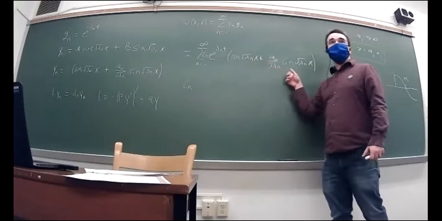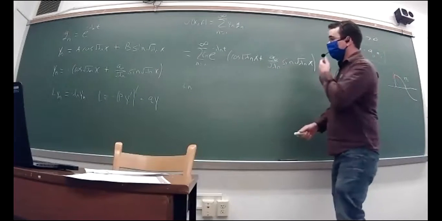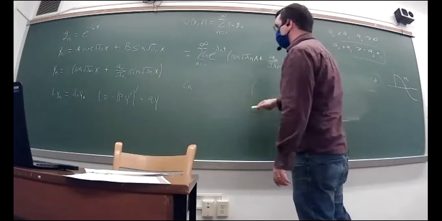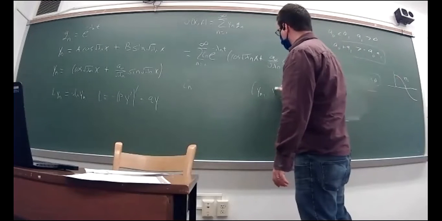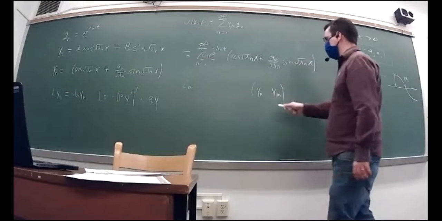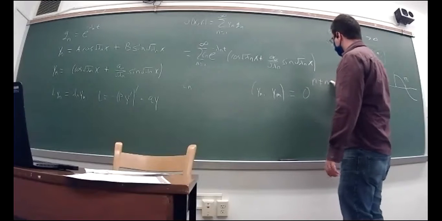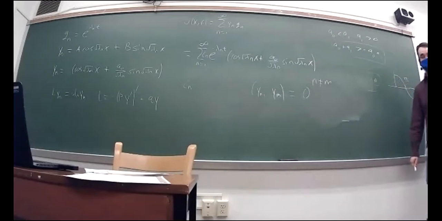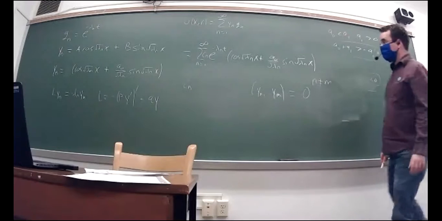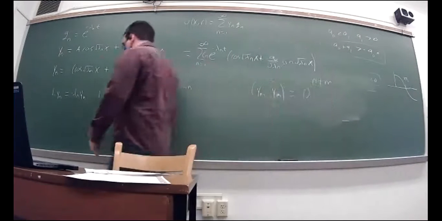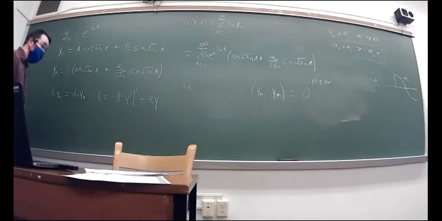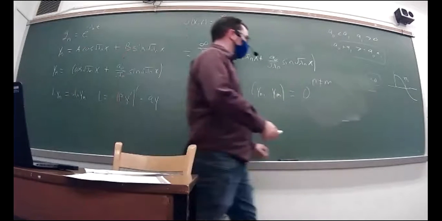Your general theory tells you that if you take the L2 inner product of y sub n and y sub m, with these two being different, then the answer will be 0. I invite you to check that with a computer algebra system or whatever. I'm not going to. I'm going to use the theorem, which says that it is legitimate to use this as a basis of solutions.